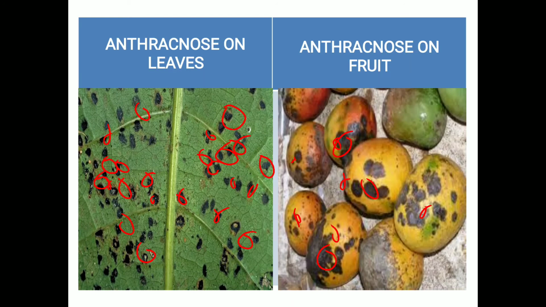When they are connected with each other, lesions are formed, and those lesions become larger and larger as the infestation spreads. This is a symptom of anthracnose, which appears on leaves and fruits. It is caused by the anthracnose fungus, and for control we use different fungicides, for example carbendazim at a rate of 0.2%.